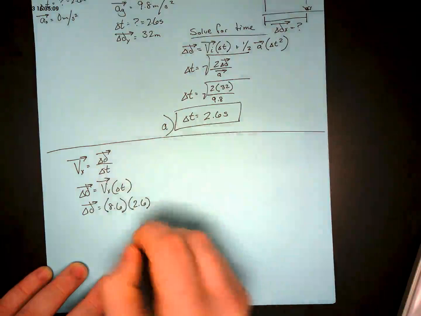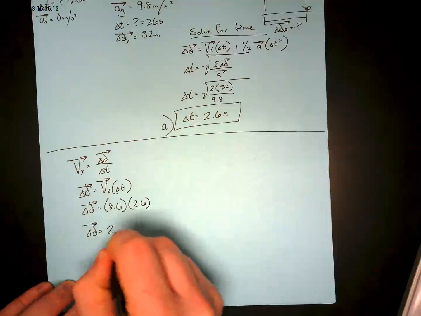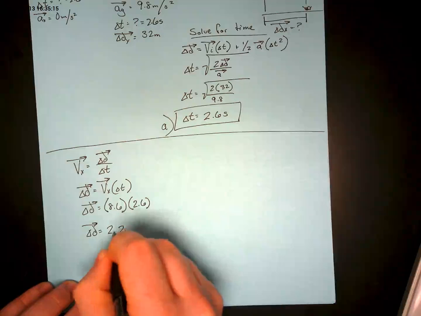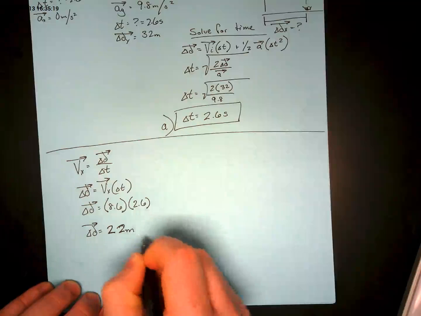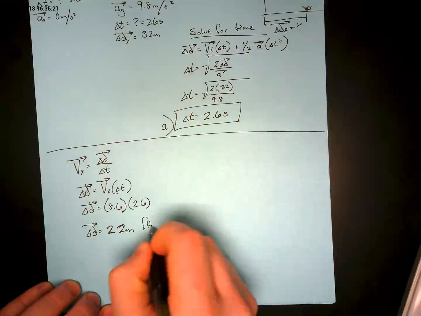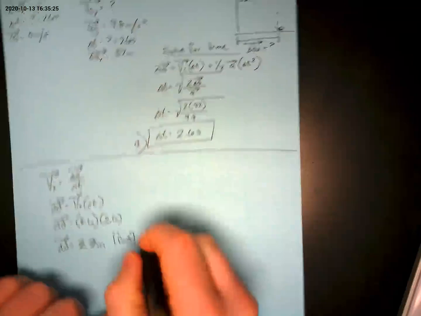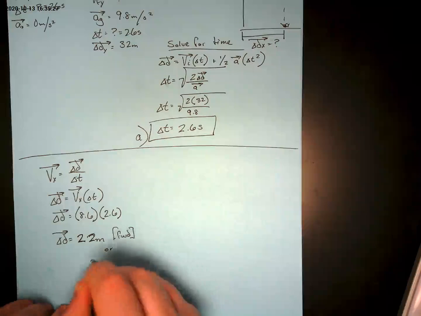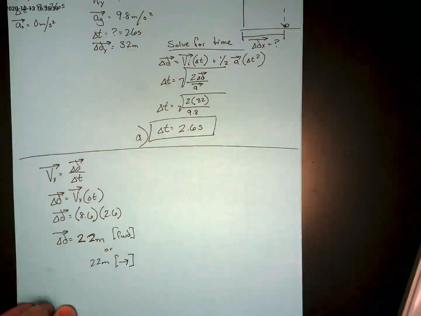And what we should get is 22 meters. And again, we can say 22 meters forward. If you've got a picture like I do, you can have 22 meters with an arrow, whatever works.